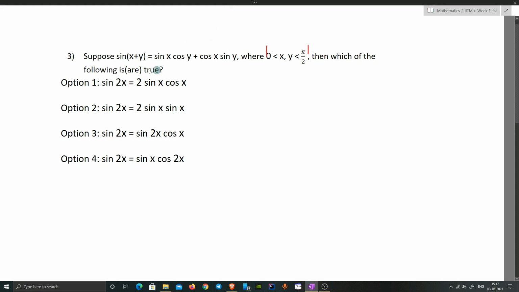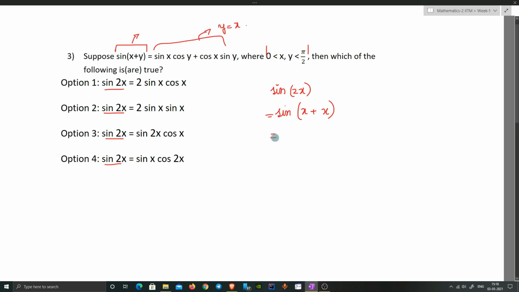Okay, so in the LHS, observe that in all of the options we have sine 2x. So if we want to find sine 2x, we can write this as sine of x plus x, right? So now this is in the form of this thing, right? So we can write that in this equation we can substitute y is equal to x, right?